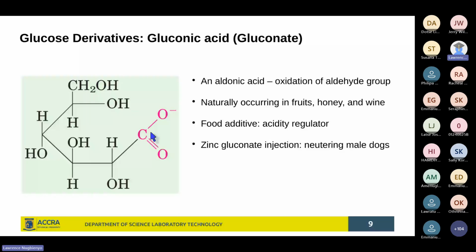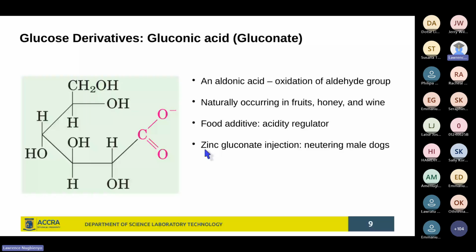Another use you come across in veterinary medicine: this gluconic acid or gluconate is used in combination with the amino acid arginine, but in the form of the salt of zinc metal, so that you have what you refer to as zinc gluconate injection, which is used for chemical castration of male dogs.